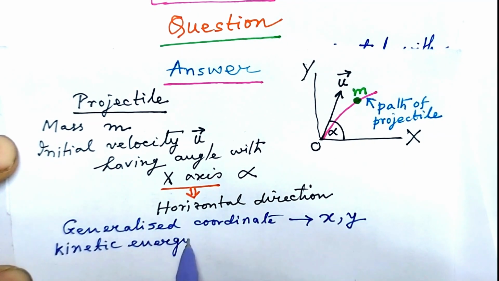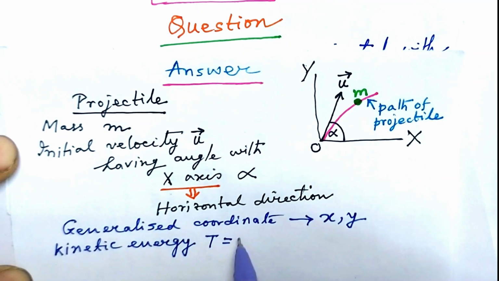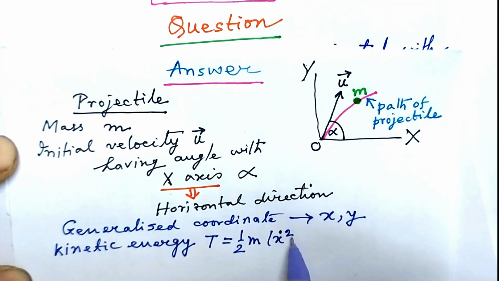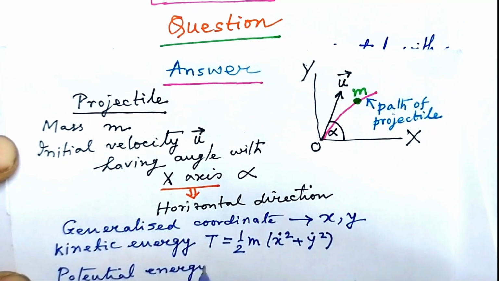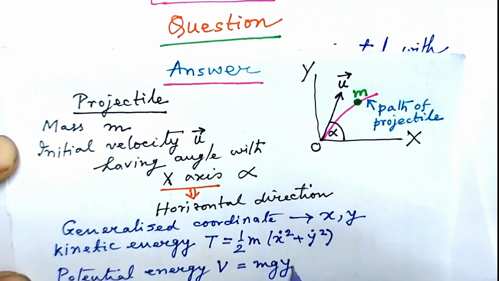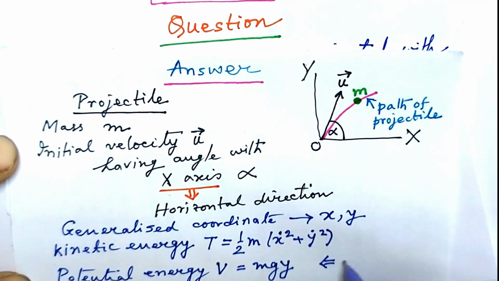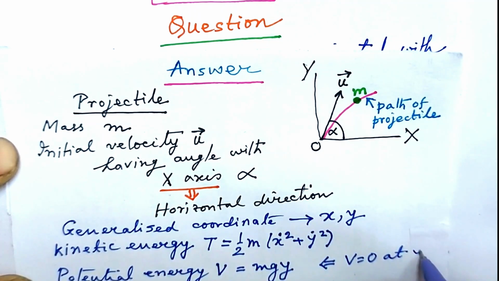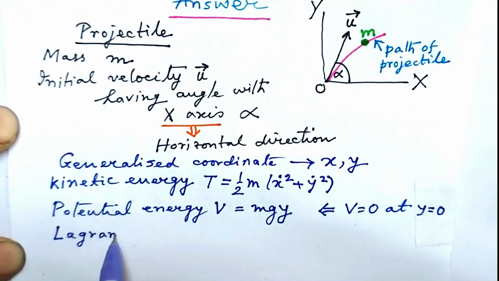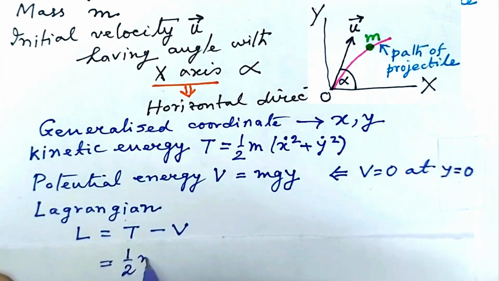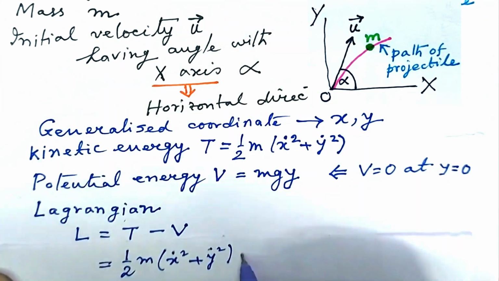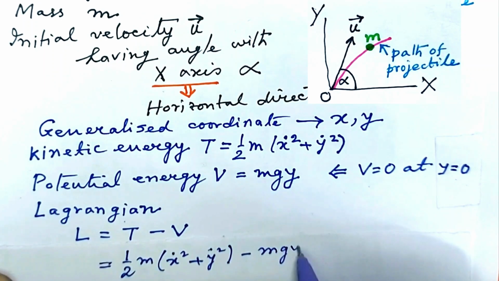Now kinetic energy is T equal to half mv square, which is equal to half m into (x dot square plus y dot square). Potential energy is V equal to mgy, where let us choose V equal to 0 at y equal to 0. Lagrangian is L equal to T minus V. So let us write down the expressions of T and V with a minus sign in between.